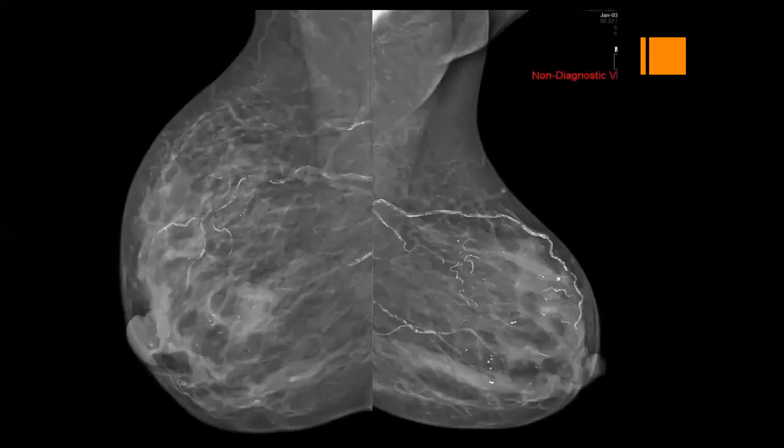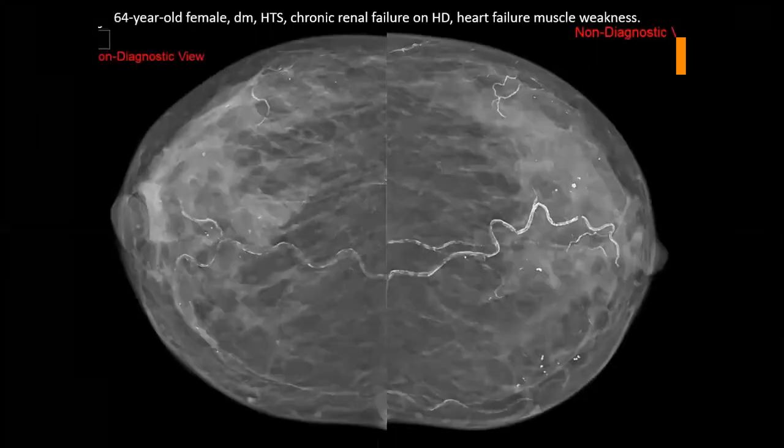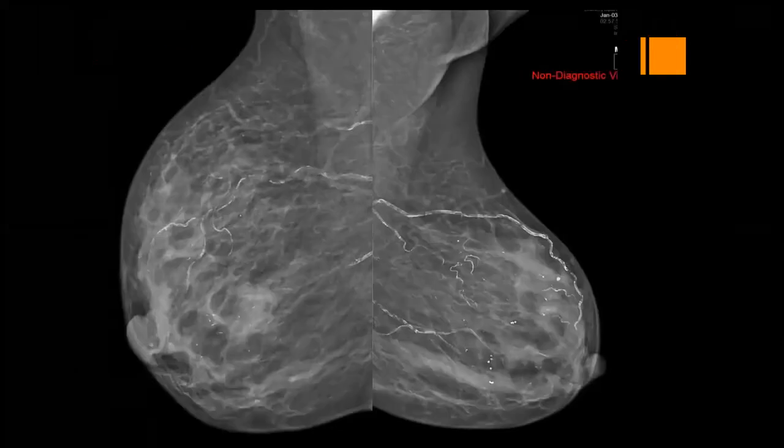Okay, what about this? This is a lady, you see, 64-year-old female, diabetic, hypertensive, chronic heart failure, chronic renal failure on hemodialysis. This is her mammography. On admission, they had done a mammogram for her.